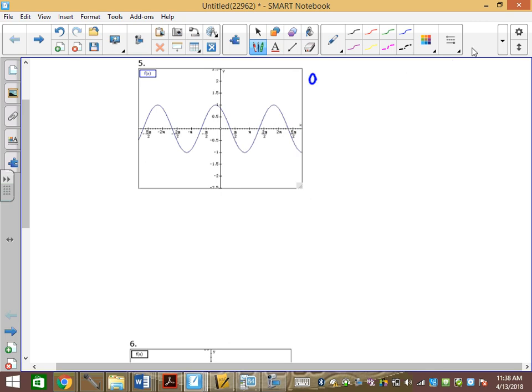It's 1, but why? It's the distance from the minimum to the maximum divided by 2. So if I go from my min to my max, it's 2 divided by 2, which is 1.